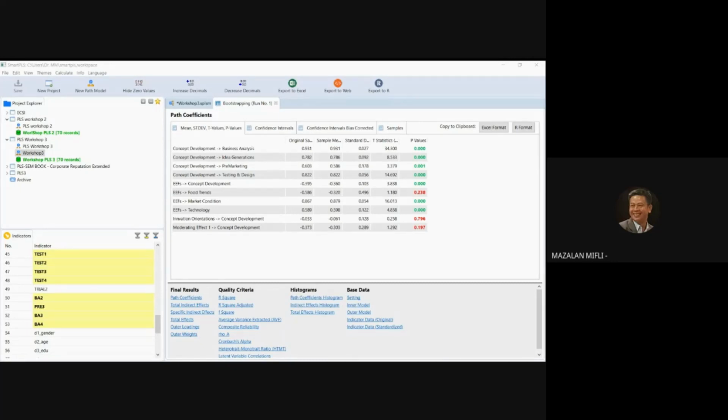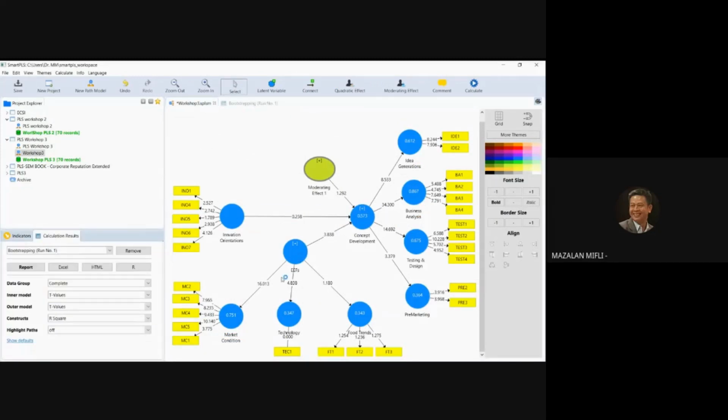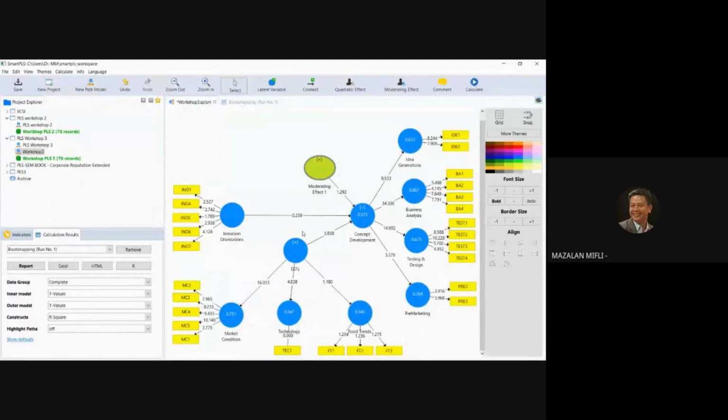If the result is not significant, then you interpret that the external environmental factors do not play a role on the original relationship. It does not moderate.